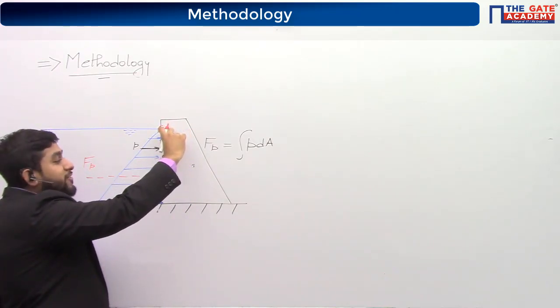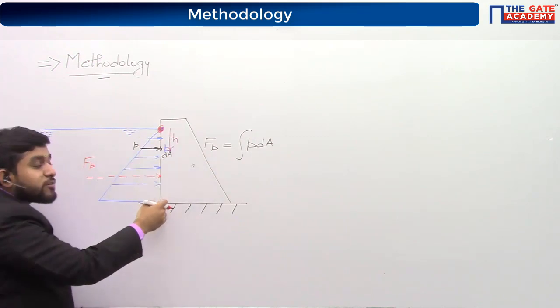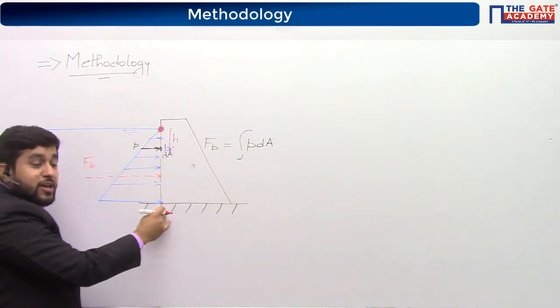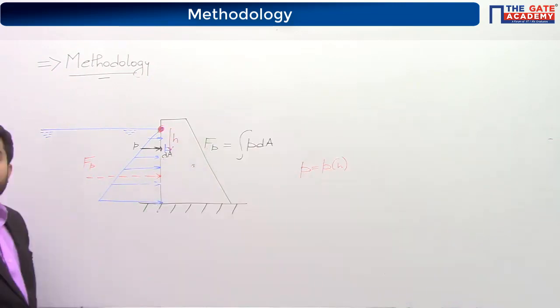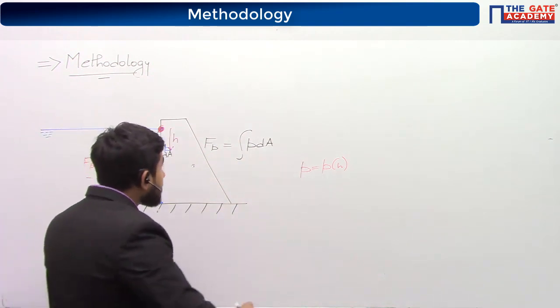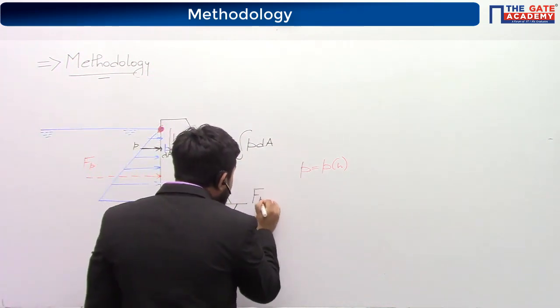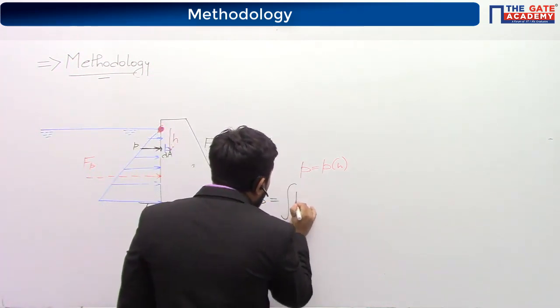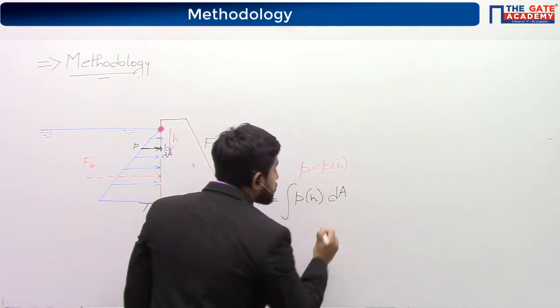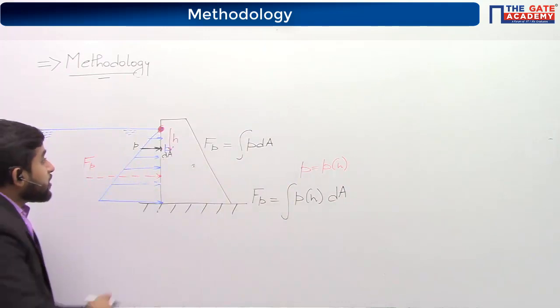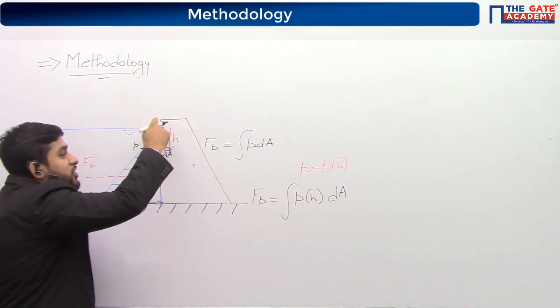So I think what we are saying is, as we move down in water, pressure increases. Therefore, may I say pressure is a function of H? So in order to solve this integral, first of all, you need to understand what is pressure as a function of H. The very first point is at H equal to 0.